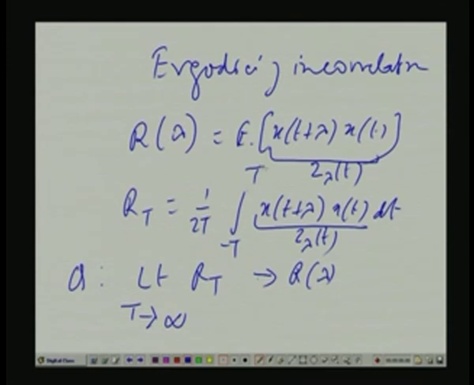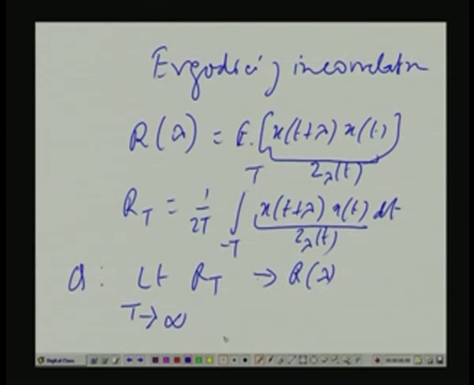So, R lambda is the mean of z lambda t. And this z lambda t time average from minus t to t will become equal to R lambda, provided the ergodicity in mean conditions on z lambda t are satisfied. Now, we know the conditions for the ergodicity in mean of a process. So, if z lambda t is a process which is ergodic in mean, obviously this will be satisfied.